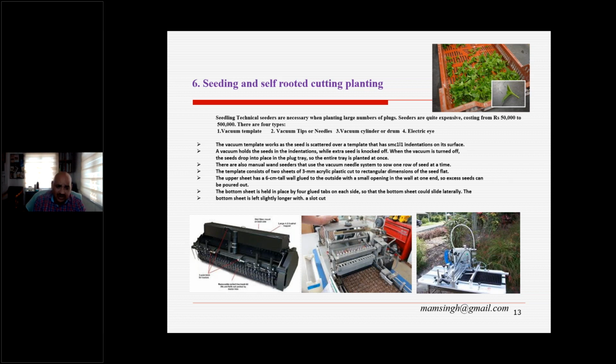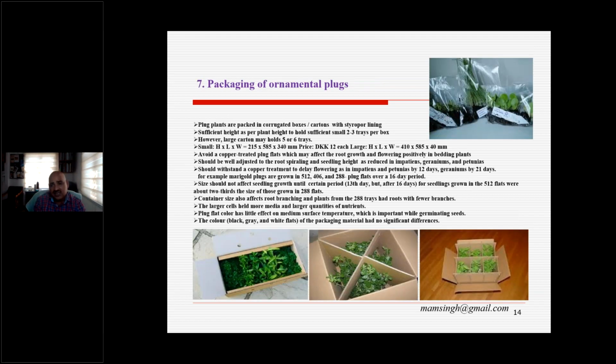Depending on the requirement, one may buy the pneumatic seeders, and they're very precise. There is no loss of extra seeds, so only the precise number of seeds would go into each cavity, and the machine will also spread the growing media at the same time, and the seed would be sown, and the trays would be stacked in the nursery polyhouse or in the growing structure. So this is very important: using machines for higher efficiency is a must.